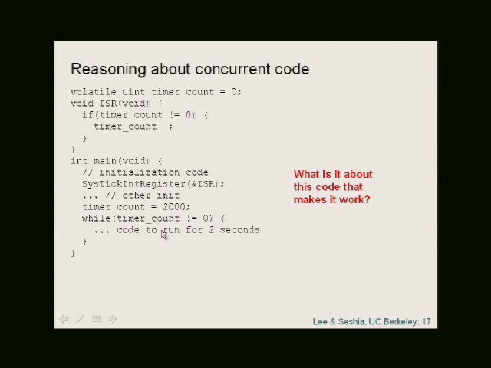If this piece of code is short, like 1 or 2 instructions, then one could reasonably assume that you check the value of timer count, you run this code, and another interrupt may not have happened.